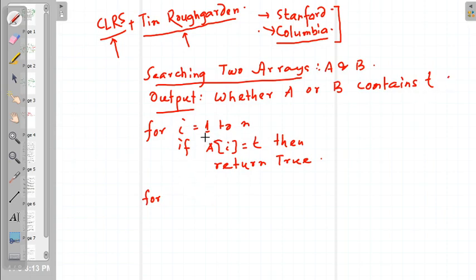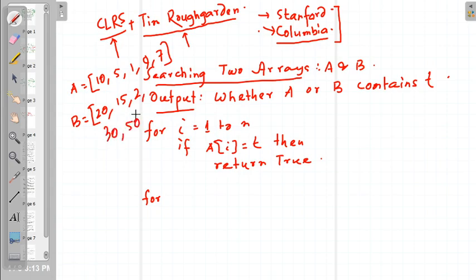It may so happen that it is not there in A[i]. Say A consists of 10, 5, 1, 9, 7, something like this, and say B may be containing different values, say 20, 15, 2, then 30, then 50.